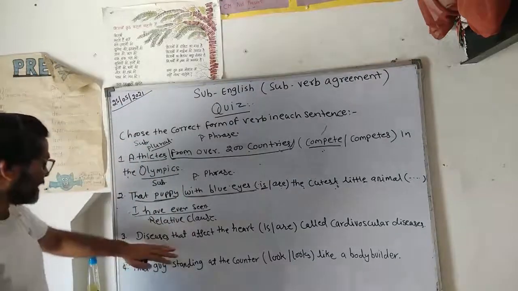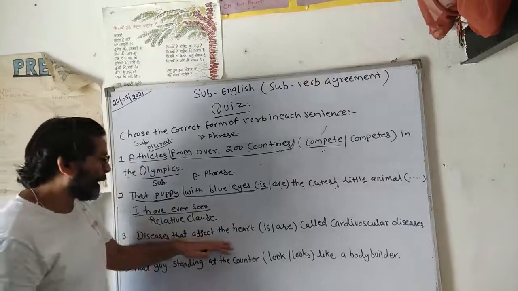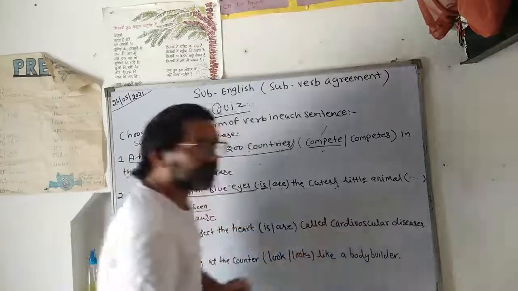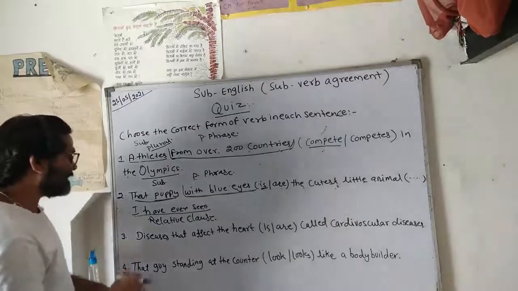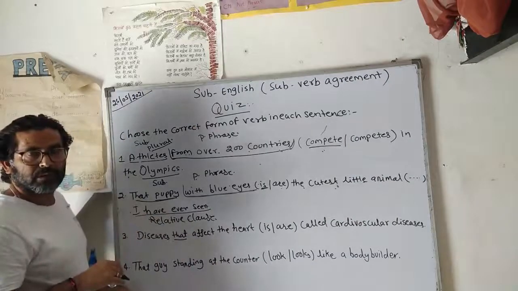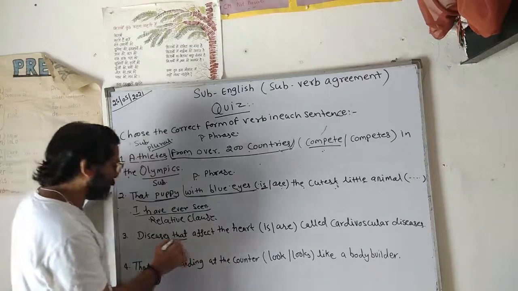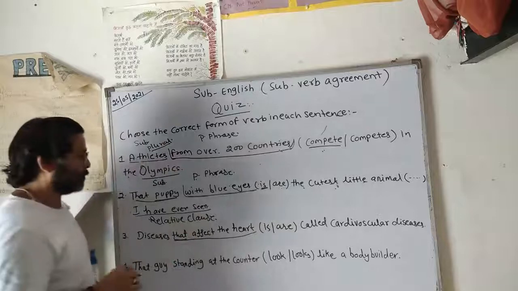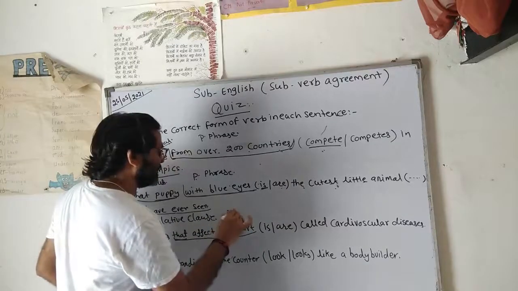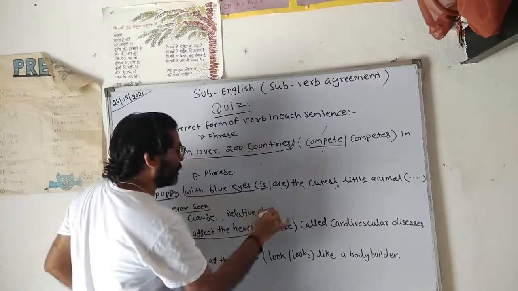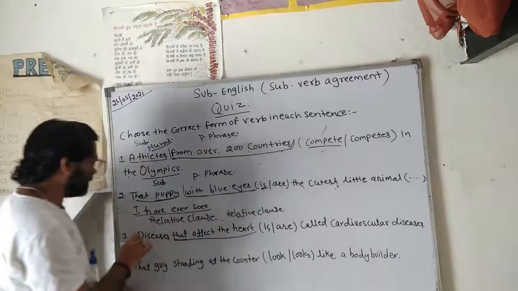Next sentence: diseases that affect the heart called cardiovascular diseases, right? So diseases that. That is a relative pronoun, and this part is a relative clause, and this relative clause is coming between the subject and the verb.